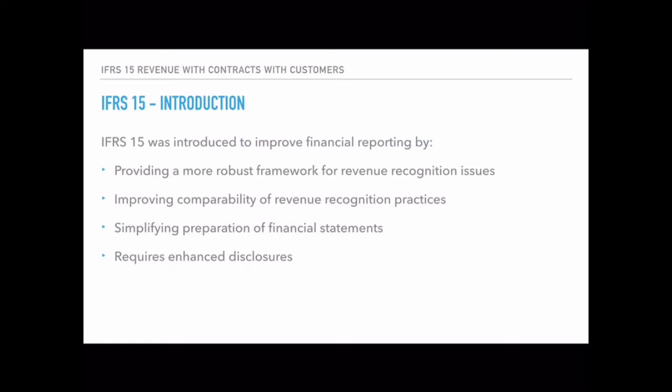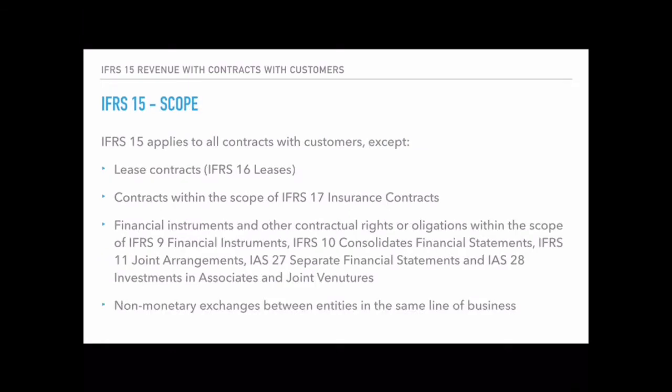It improves comparability of revenue across entities and industries. It simplifies preparation of financial statements by reducing the amount of guidance that entities have to refer to. And it also requires additional disclosures to help users of financial statements to understand the revenue that is recognized, the nature, the timing, uncertainties.